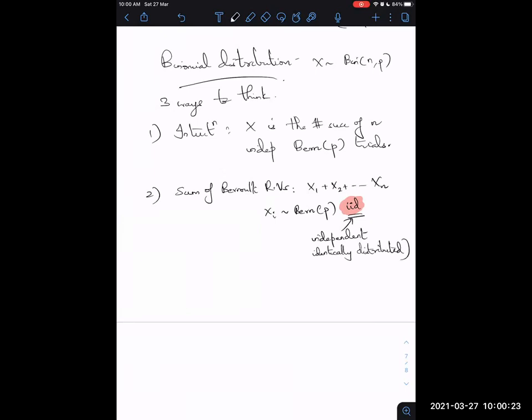So when I say IID, this is what I mean. Independent, everyone knows. Identically distributed just means that all of them are Bernoulli here. So x1 is Bernoulli, x2 is Bernoulli, everything till xn is also Bernoulli. So when you have a sequence of random variables x1 through xn, and I say they are IID, this is what I mean.